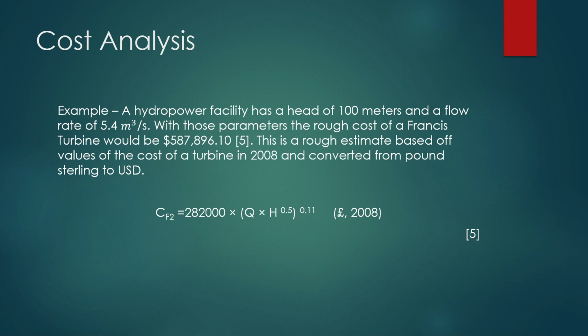So for a turbine that has 100 meters of head and a flow rate of 5.4 cubic meters per second, with those parameters, you plug it into the equation below, and you can get $587,896.10 for that turbine based on what it needs to build it.